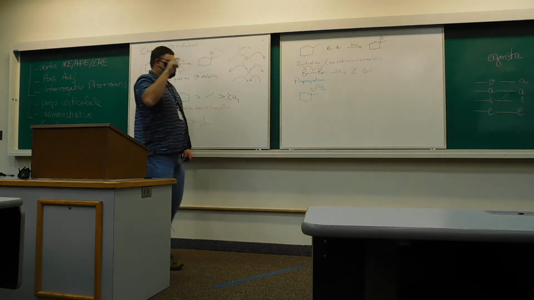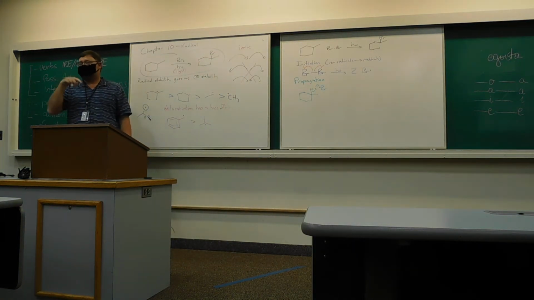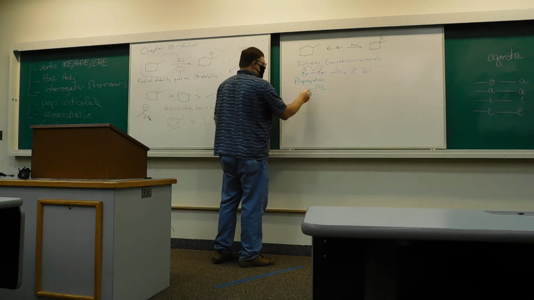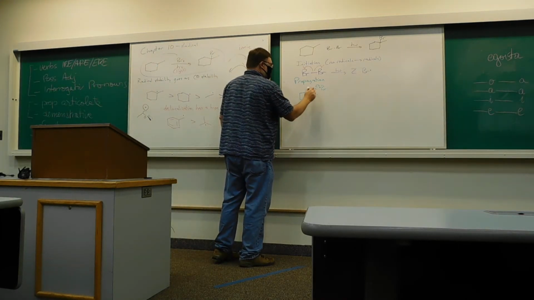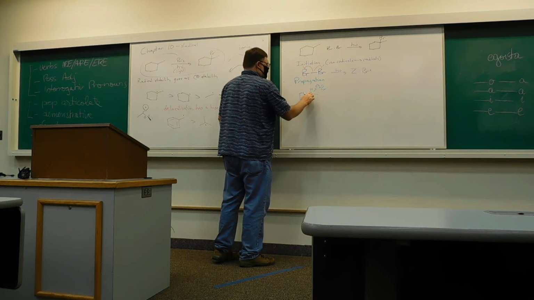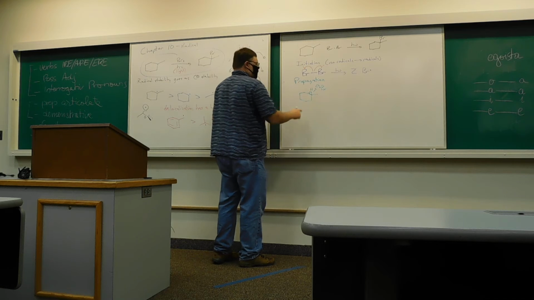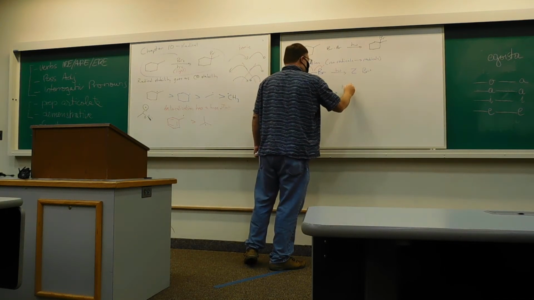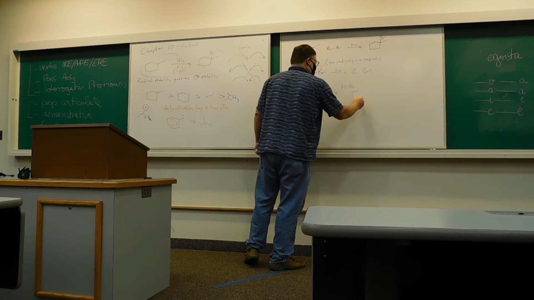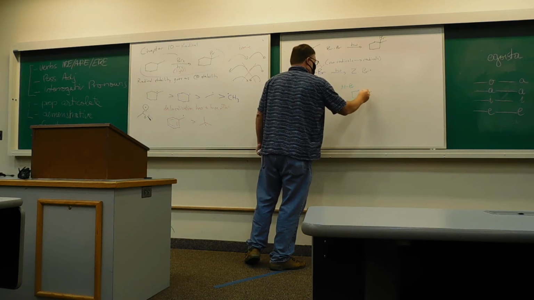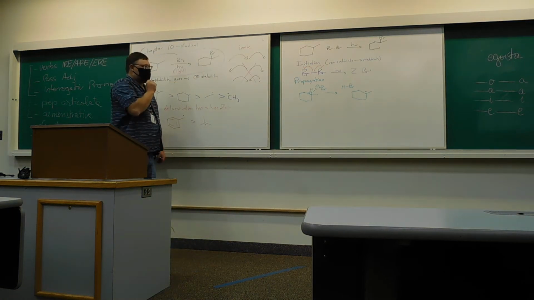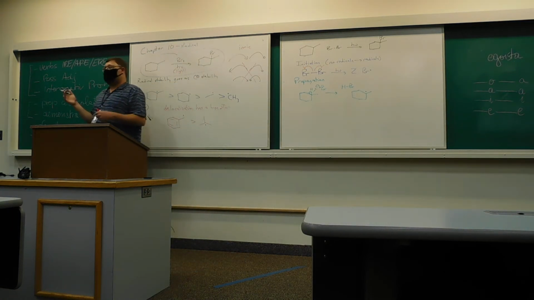So the Br dot makes a bond with one of the electrons in the CH bond. And then the other electron in this CH bond goes to make the radical here. So we get HBr and the tertiary radical. And that's why, so this is just like Markovnikov's rule, right?